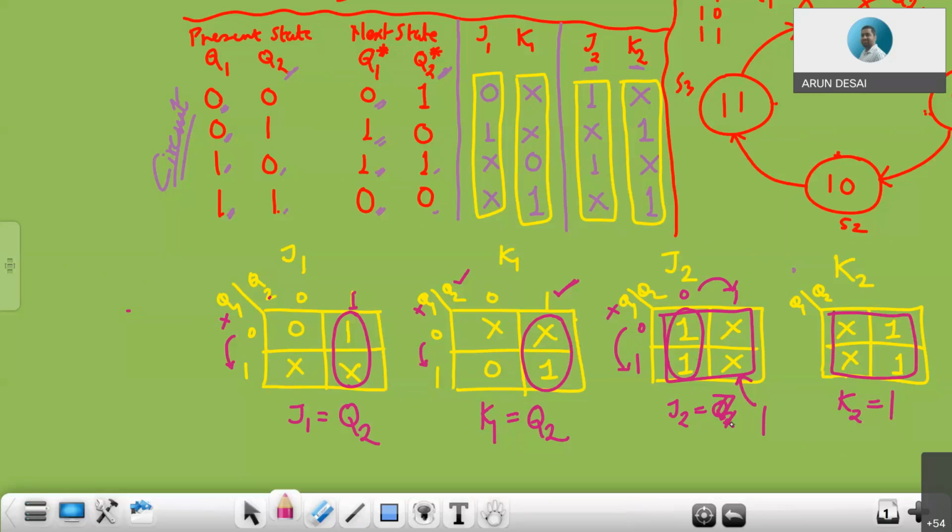Otherwise this would be Q complement and this would be Q if we grouped it differently, but those variables also we can remove. So basically we convert it to a quad, and if it is a quad, it is 1, right? So this is basically 1.